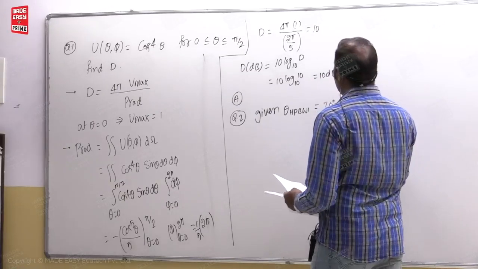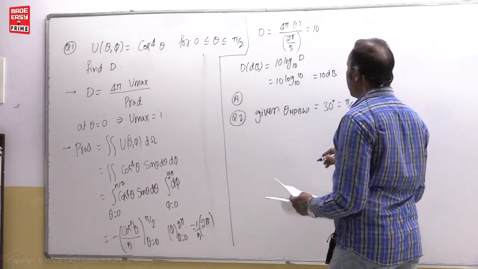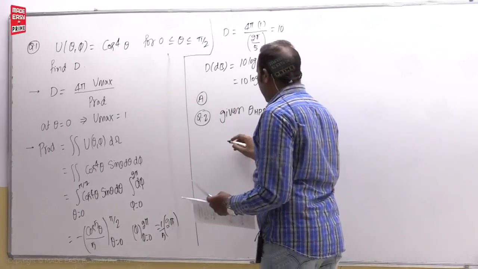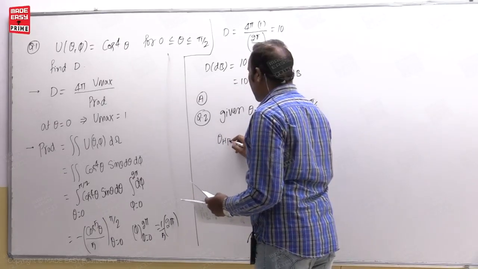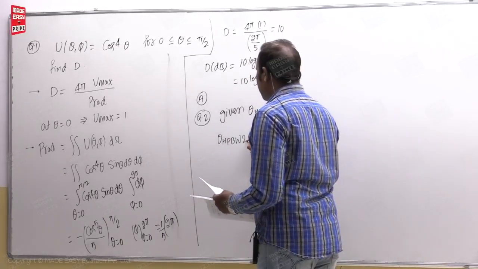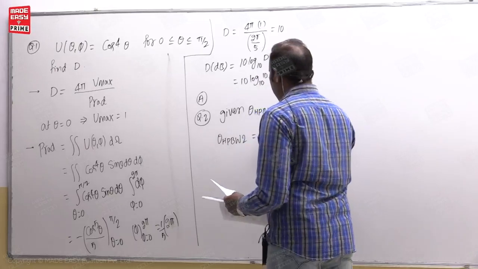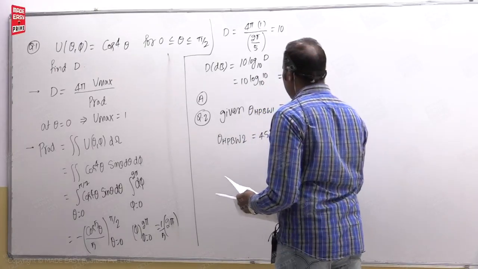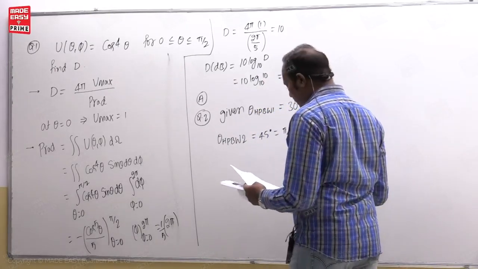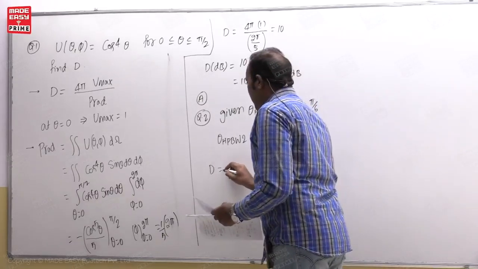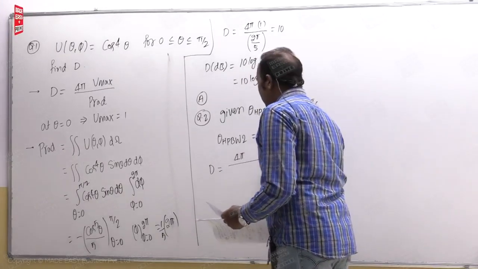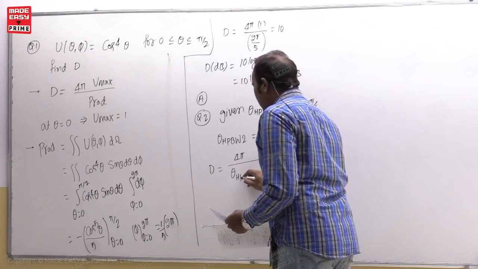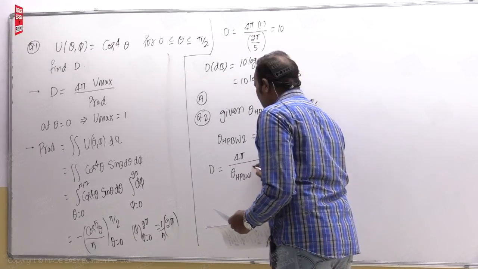You write that in radians, that is pi by 6 radian. Similarly, the half power beam width in the second plane is given as 45 degrees, that is pi by 4.